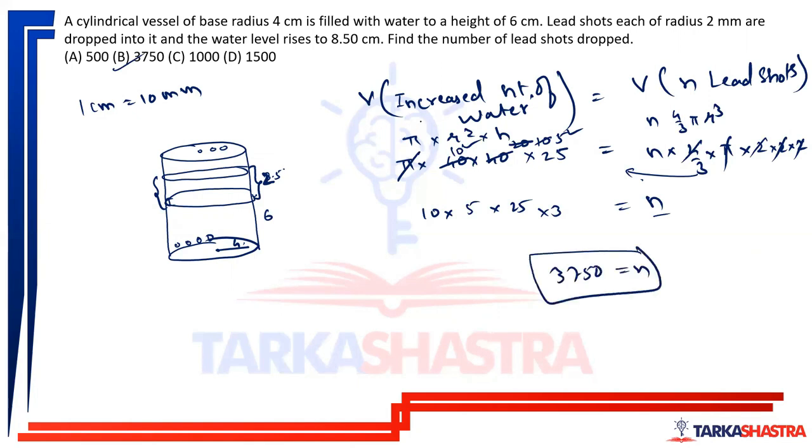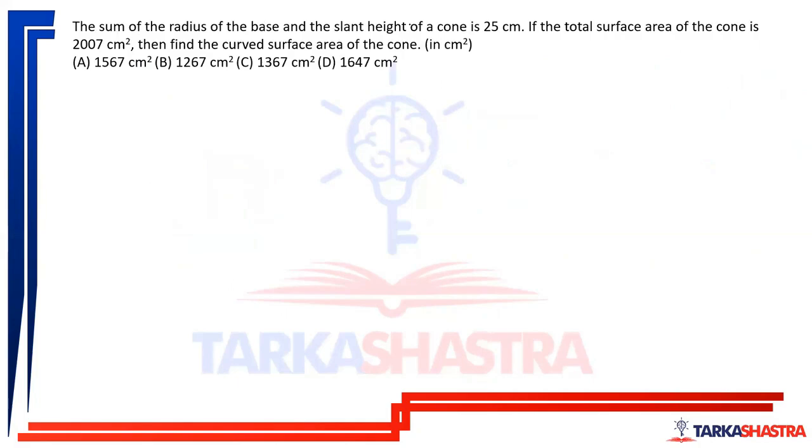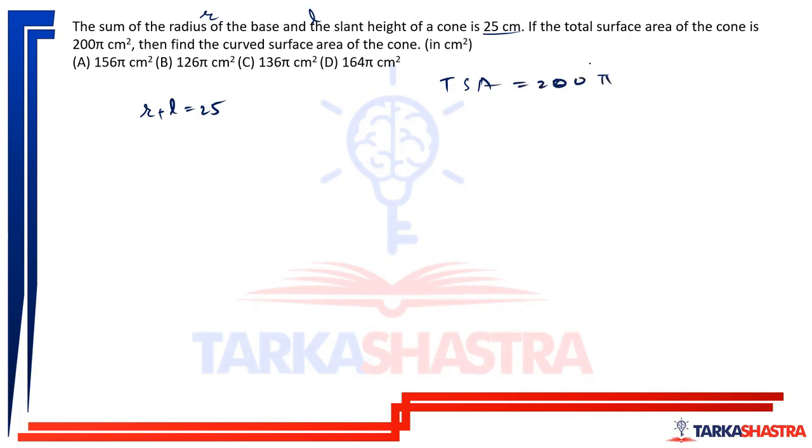Okay, perfect. Moving forward, the sum of the radius of the base and slant height of the cone is 25. So r plus l is 25. The total surface area is 200 pi. Find the curved surface area. So curved surface area, that is pi r l, is what they are asking us to find.